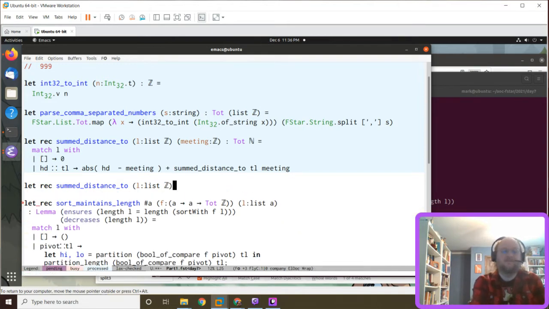So if... it might be easier to work with the sorted list throughout.